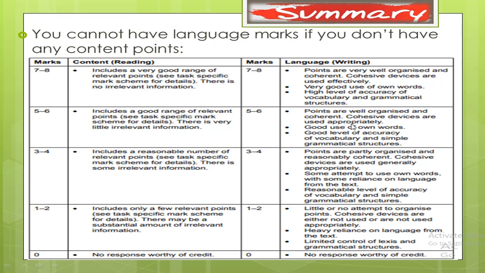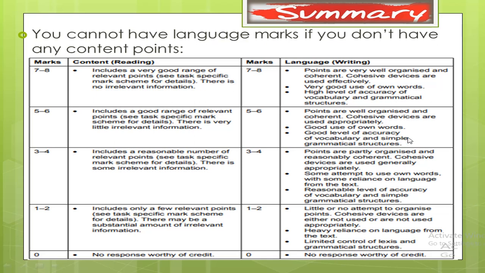Here there is little variation between 5 to 6 and 7 to 8. If we include 5 to 6 relevant points, we can get 5 to 6 marks. And in the language part, points are well organized and coherent, cohesive devices are used appropriately, good use of own words. In 7 to 8 it was very good use, and here it is good use.